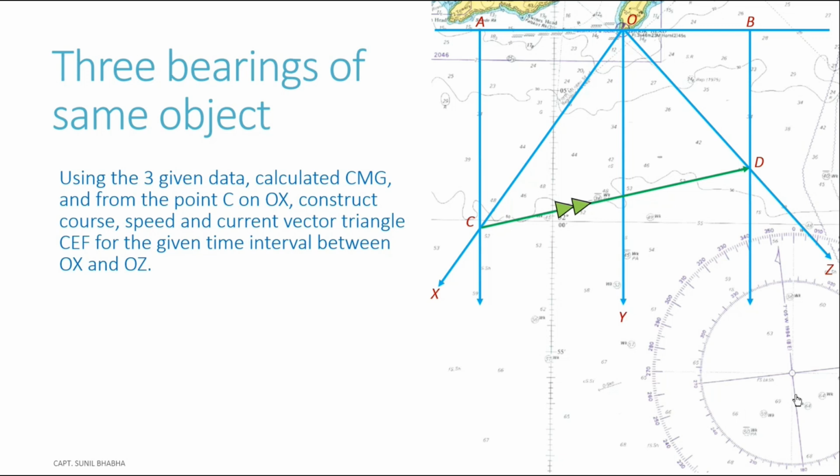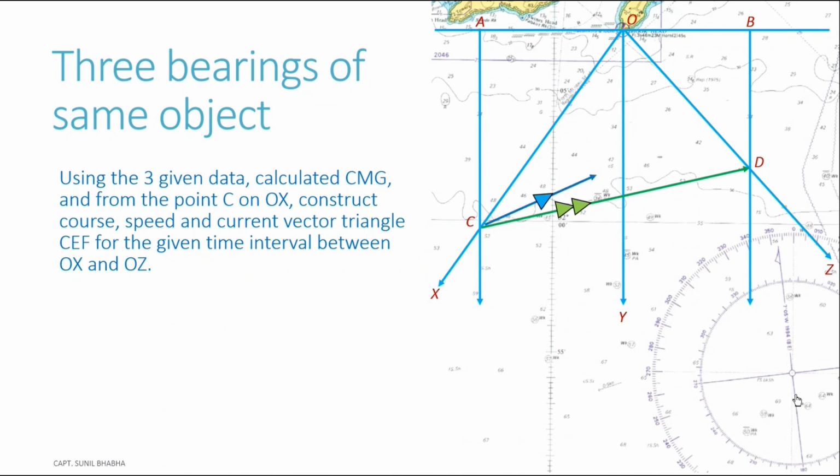The leeway track which we have found will be used in making the course, speed and current vector triangle. We will make this triangle starting from point C. So let's first draw our leeway track.